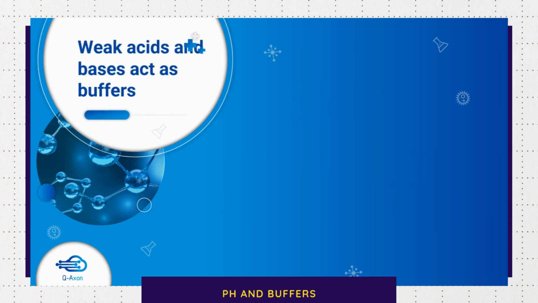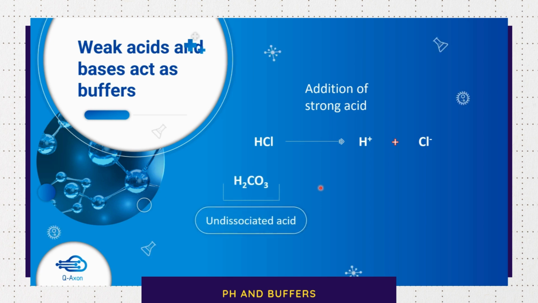So let's see an example of how this bicarbonic acid and its ions will act as a buffer. Suppose there is addition of a strong acid, which we are considering HCl as, which dissociates into hydrogen ions and chloride ions, and this is our buffer in undissociated form as well as in its dissociated ions form.